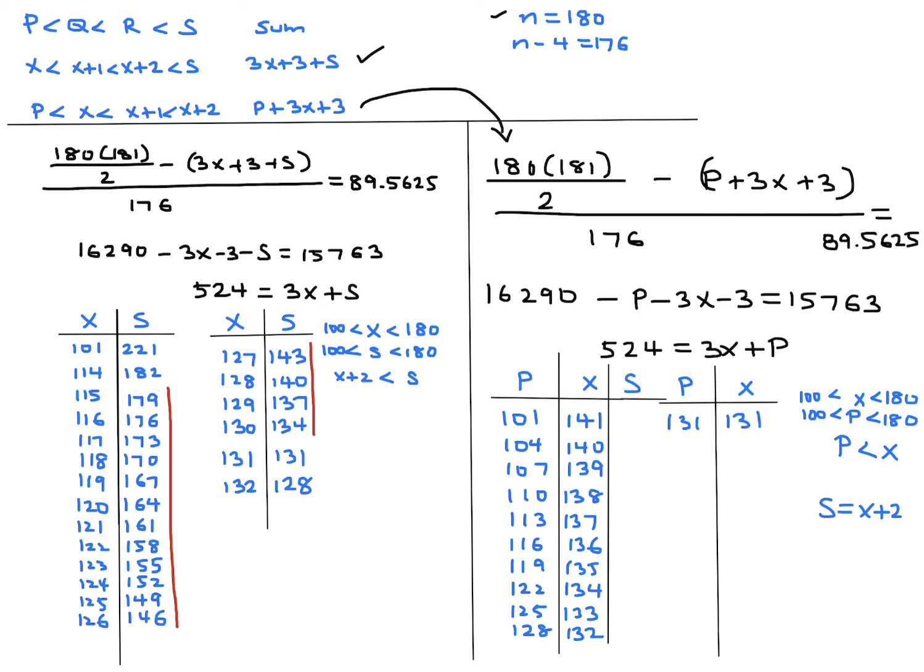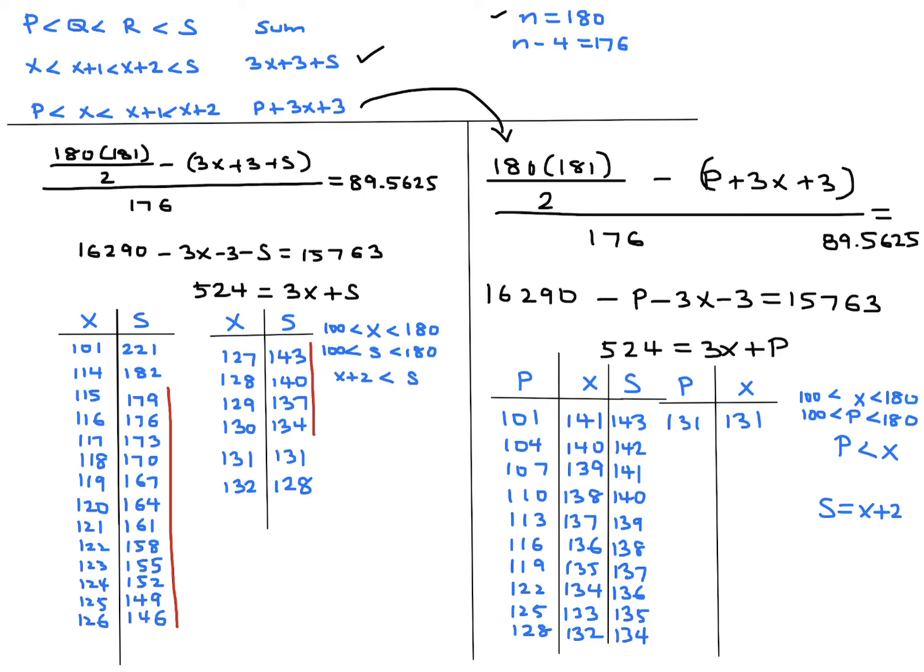So S is X plus 2, right? So this is going to be 143, 142, 141, 140, 139, 138, 137, 136, 135, and 134.